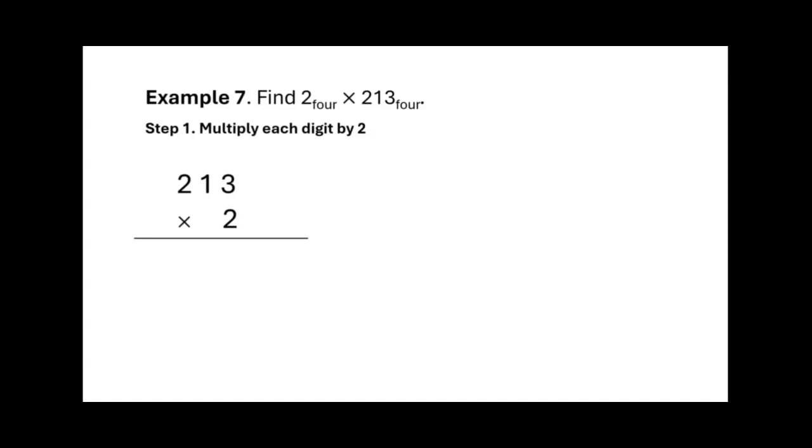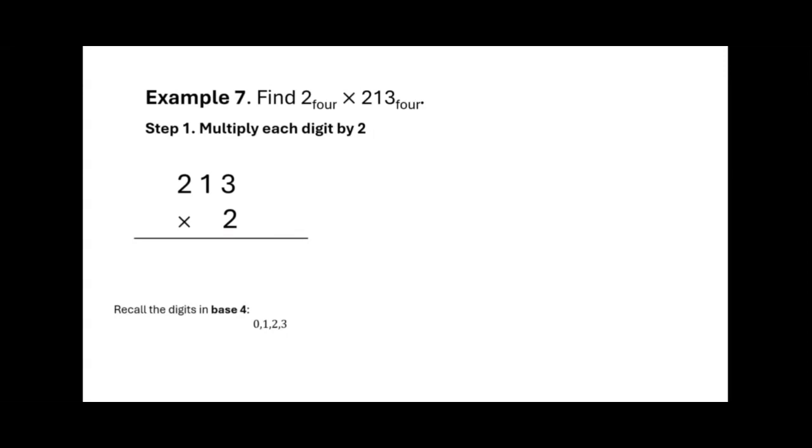And usually you put the number that has the most digits, which is the 213 on top, and then the number that has less digits below. And what I'm going to do is I'm going to multiply each digit by 2. So each of the digits of the top number, I'm going to multiply it by 2.